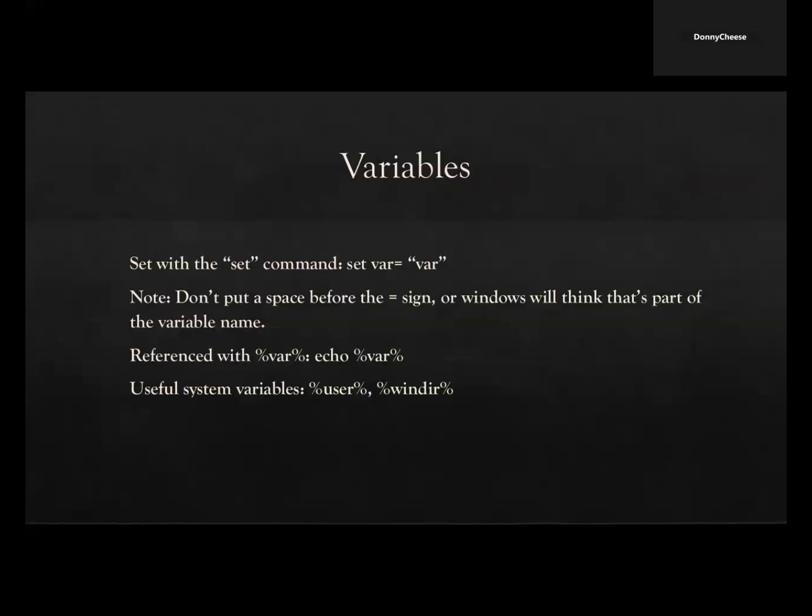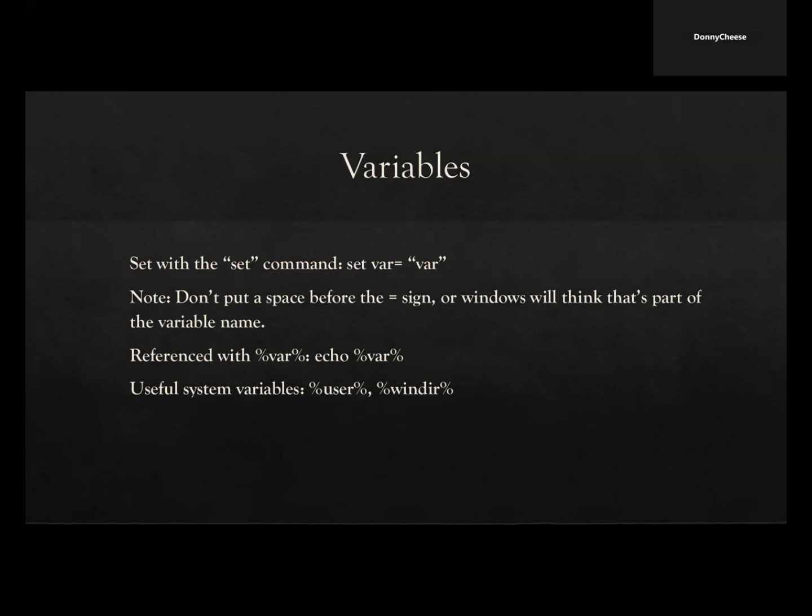So, variables. This is one of the most useful features of the Windows batch system and batch files in general, allowing you to set and return different addresses, different configurations with just a quick command.